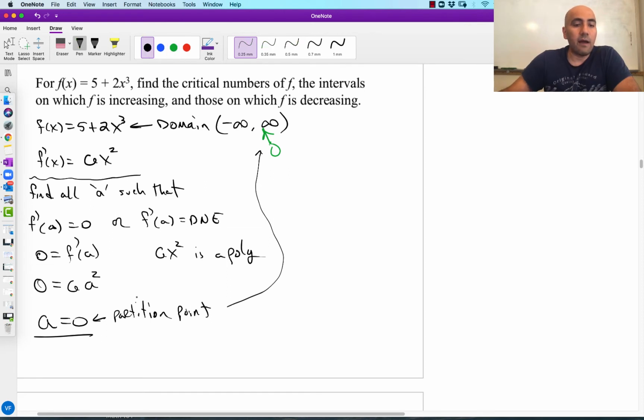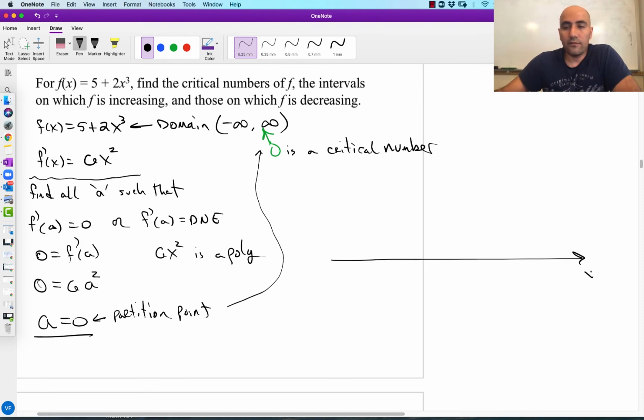Now we can kind of upgrade this and go, oh, okay, 0 is not just a partition point. 0 is a critical number.